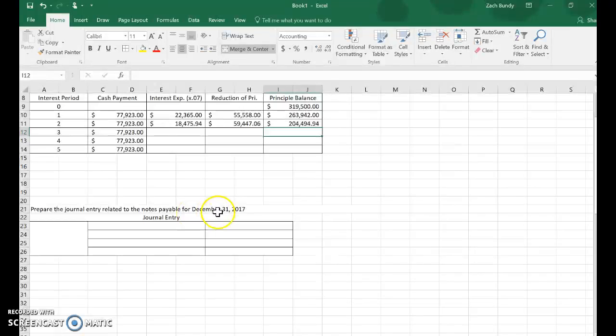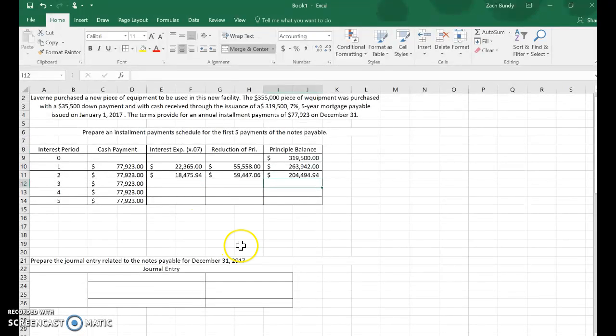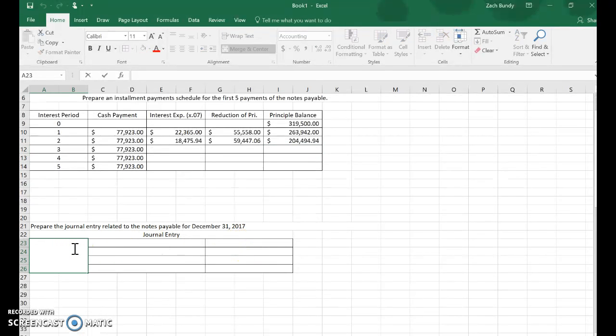Now, the next thing it asks us to do is to prepare a journal entry related to the notes payable for the very first year, December 31st. So the journal entry is pretty simple. December 31st is the date we're going to use. This is one entry, and we're going to use 3 different accounts.